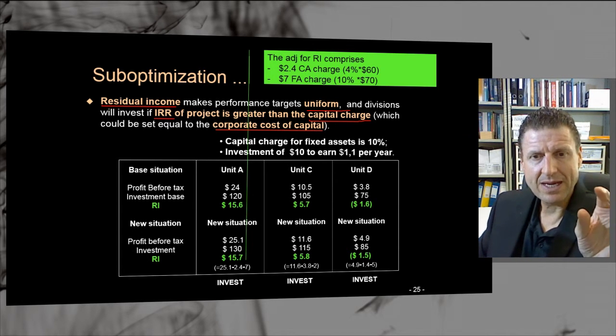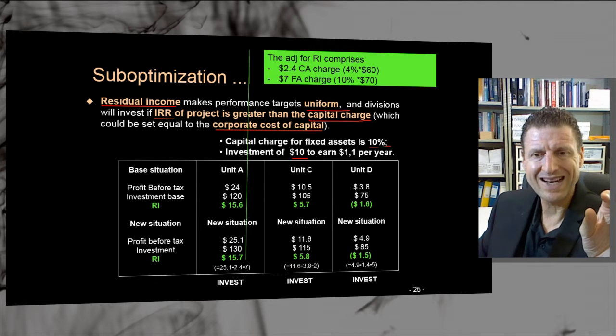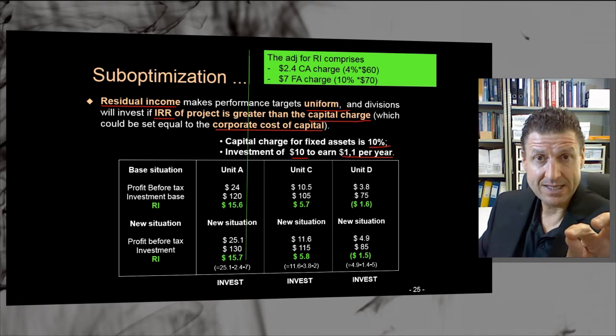So if the capital charge is 10% and the investment is going to earn $1.10 per year, this investment is going to earn a residual income of 10 cents per year, because the capital charge is 10% of $10. So the capital charge is going to be $1.